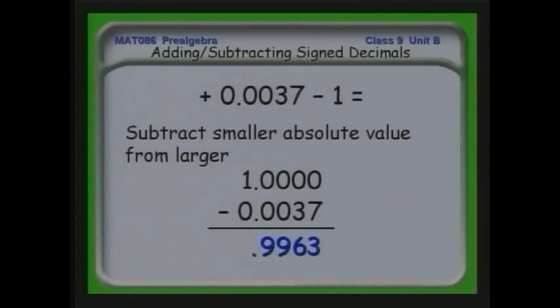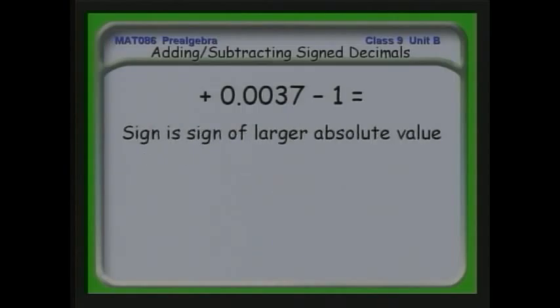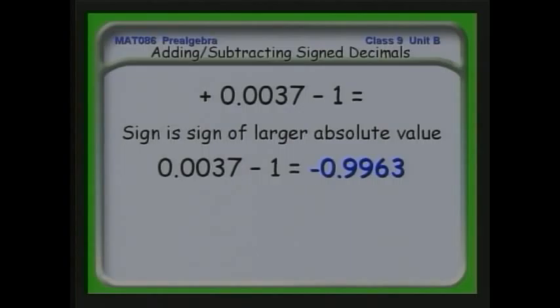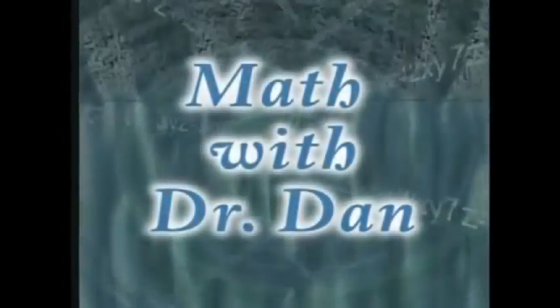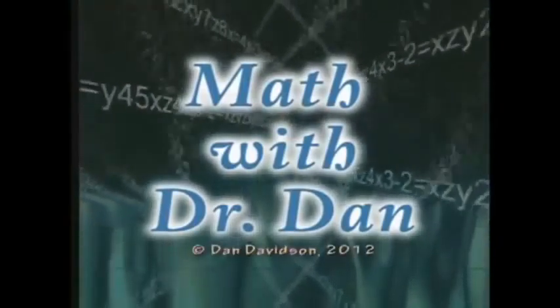Then 0 minus 0 is 0, and since the 1 is larger than the 0.0037, the sign is the sign of the larger absolute value, so our result is minus 0.9963.